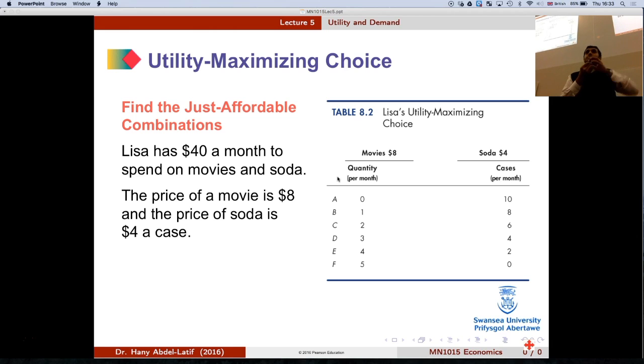And in that case, that's point A. And in that case, she spent all $40. That's all the income she has in her pocket, and she can make it. So that's an affordable point. So the question now, is this what she should do? This will depend on whether this is the combination that gives maximum utility or not, because we're looking at the total utility. Is this going to maximize her total utility or not? That is the main question.